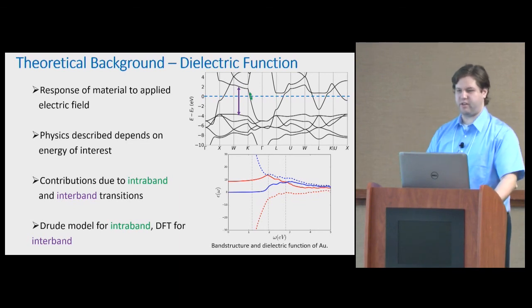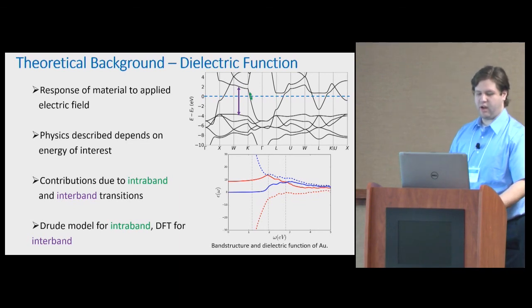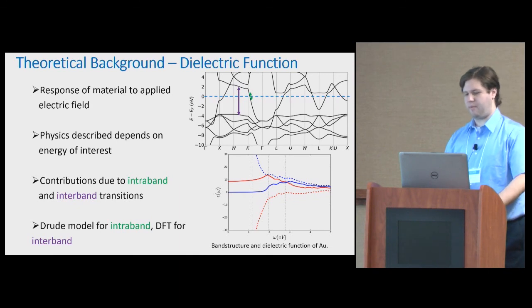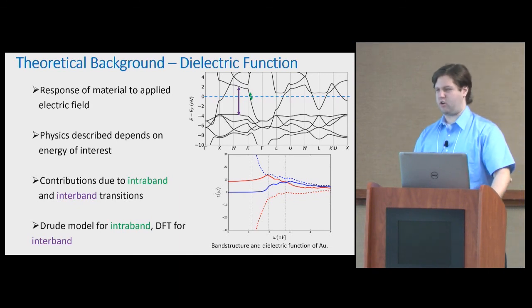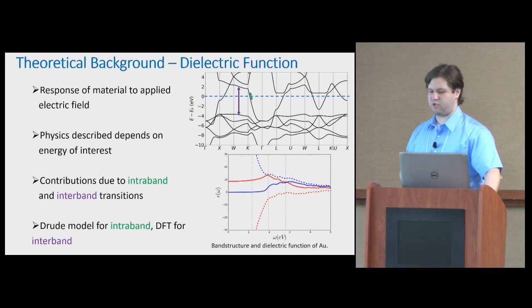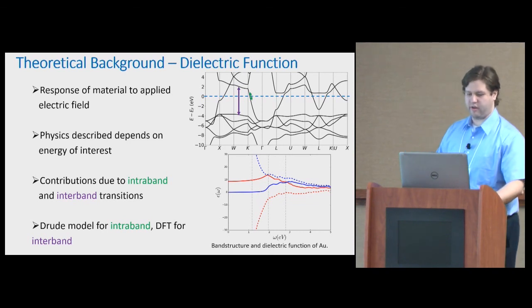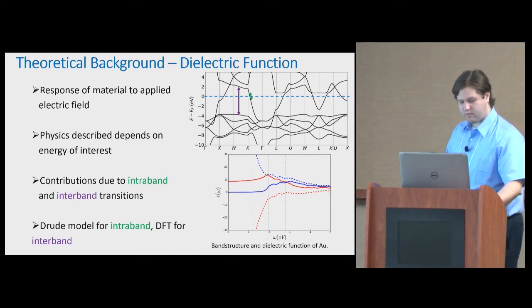The physics described by the dielectric function depends on the energy of interest. Within the optical range, the properties are the electronic band structure, so the energy-momentum relations of the electrons.